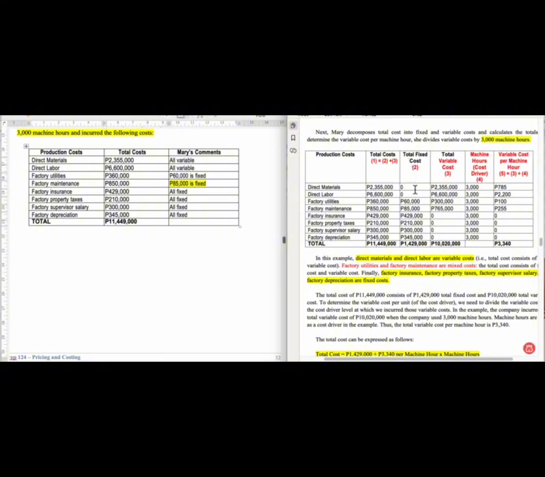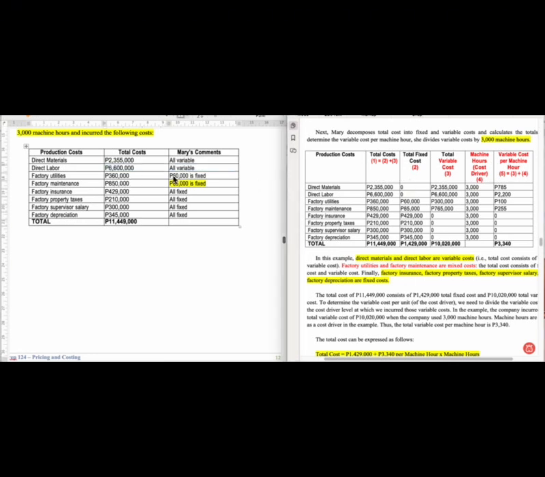You have now laid out your fixed cost. The next thing to do is direct labor. Mary's comment says that direct labor, which is 6.6 million, is also all variable. So your fixed cost would still be 0. Next item.